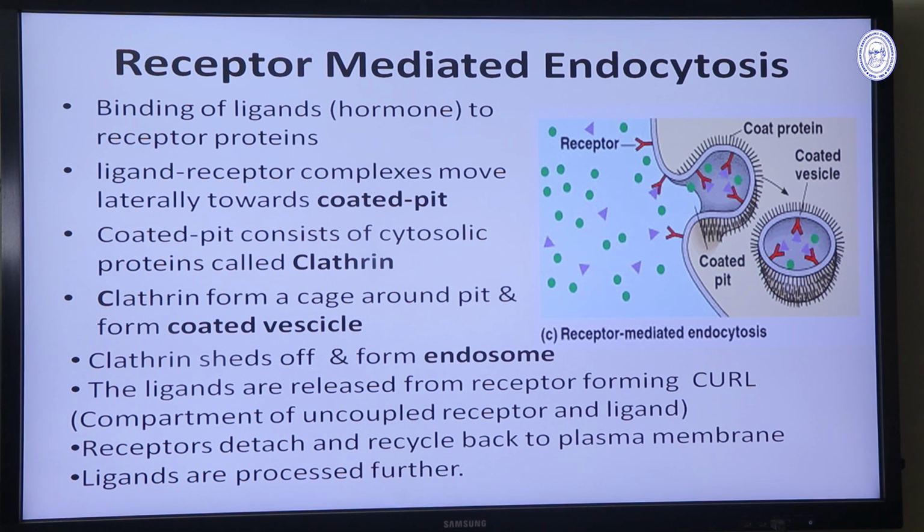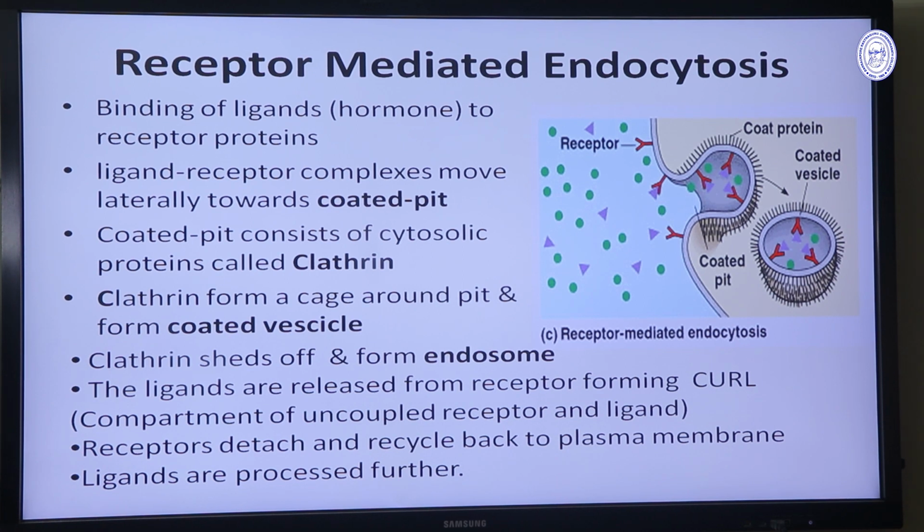The cytosolic part of this pit contains clathrin, and clathrin is a 3-armed protein that forms a cage around this pit with other clathrin proteins and forms a coated vesicle. These coated vesicles then pinch off from the plasma membrane and go deep inside the cell, where the clathrin protein sheds off and forms a simple endosome.